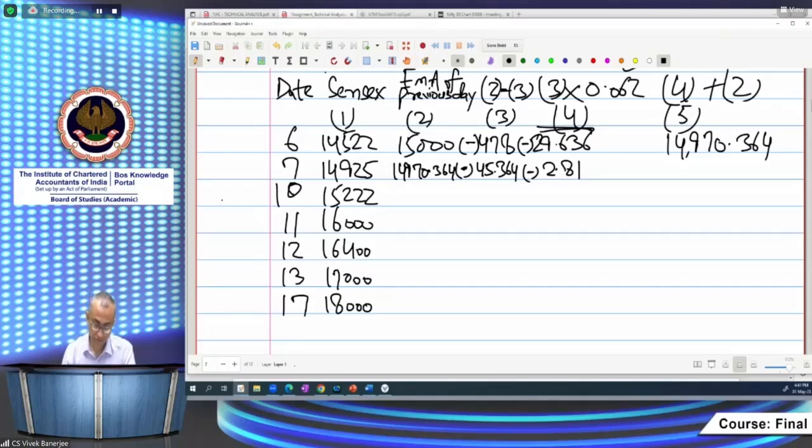So this 2.81 is deducted from 14,970.364, and the exponential moving average of 7th of January comes to 14,967.55.